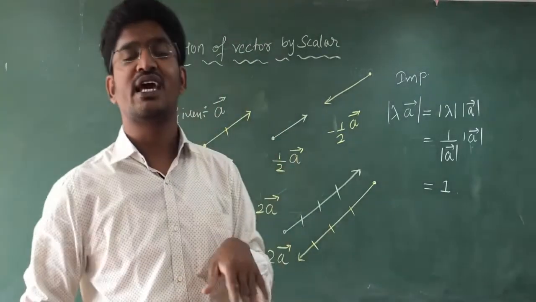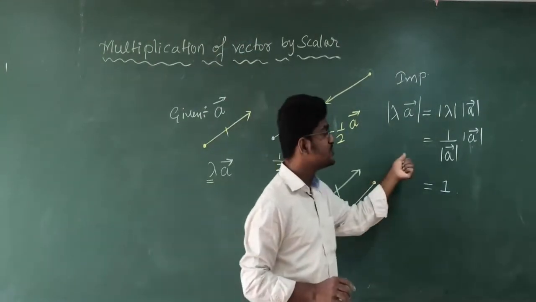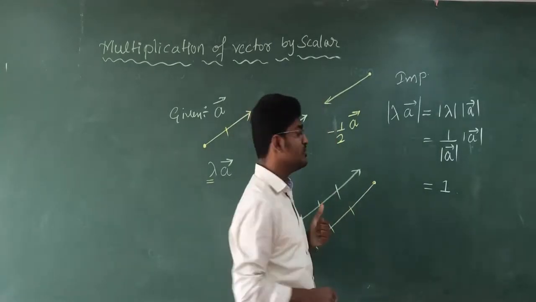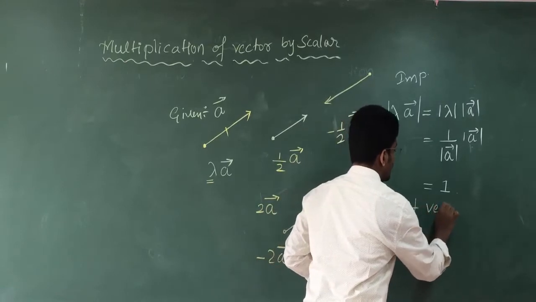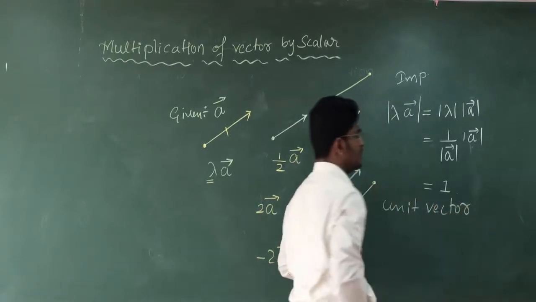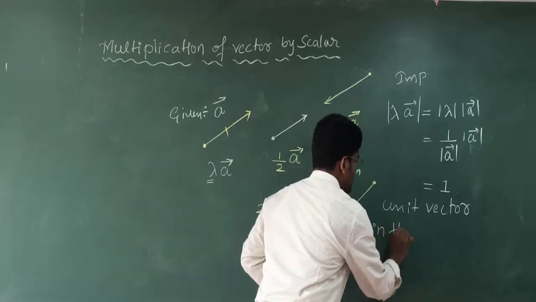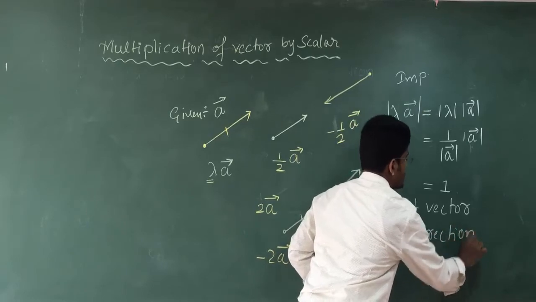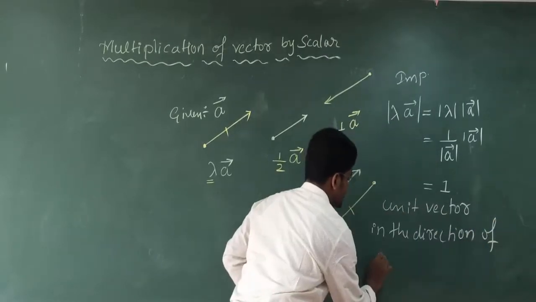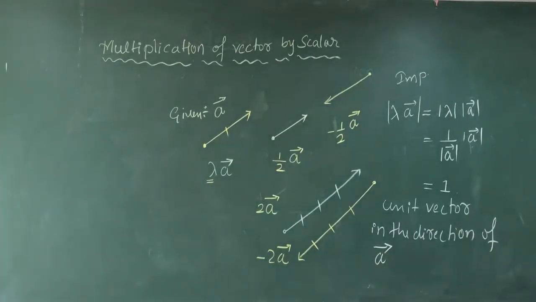Mod A will be cancelled and the answer will be 1. Okay. So from this, what are you going to get? You are going to get a unit vector in the direction of vector A.